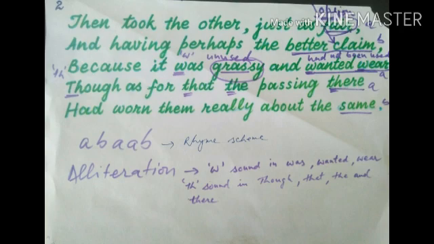So now let's see the poetic devices used in this stanza. In this stanza also the rhyming scheme is the same as it was in the first stanza, that is ABAAB. Why is it so? Because we can see in the first line the word fair, and then in the third line where, and fourth line there.